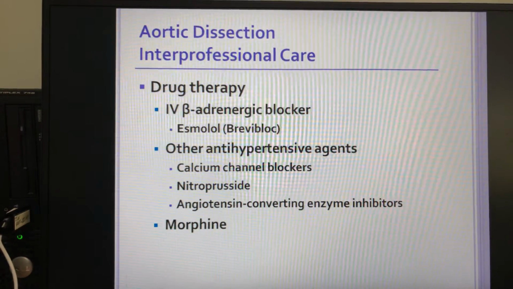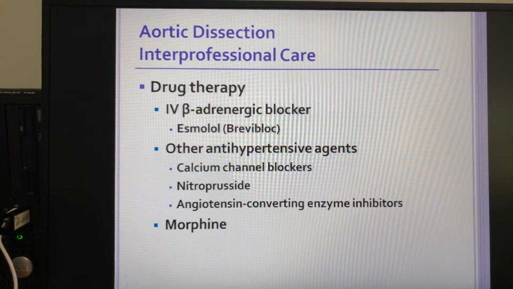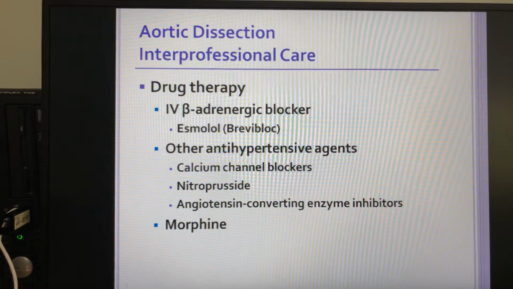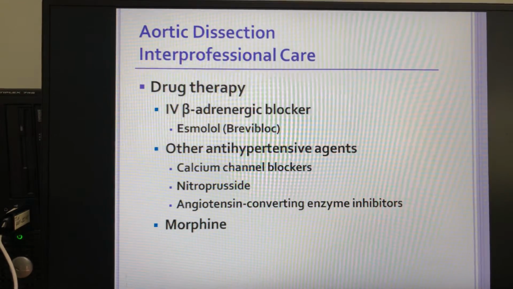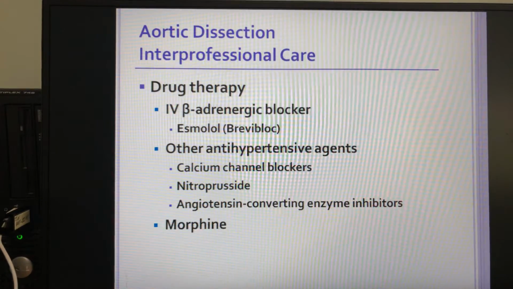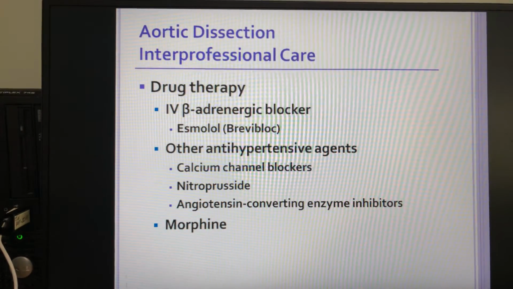As far as treating that pain, as we said on the previous slide, pain management was important. They're usually going to use morphine, because that is the preferred analgesic, and it actually decreases sympathetic nervous system stimulation in addition to relieving the pain. And then other antihypertensive drugs they use to treat that blood pressure are calcium channel blockers, and our biggest one is Cardizem that we use.